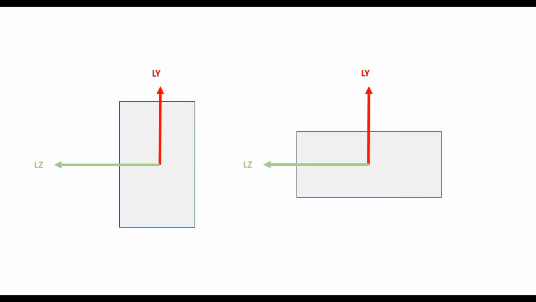Note that local y and local z will represent the principal axis of the rectangular section. However, there is no specific requirement that Lz or Ly has to be the major or the minor principal axis. Either of them can be major or minor principal axis, which would be dependent on the dimensions YD and ZD.